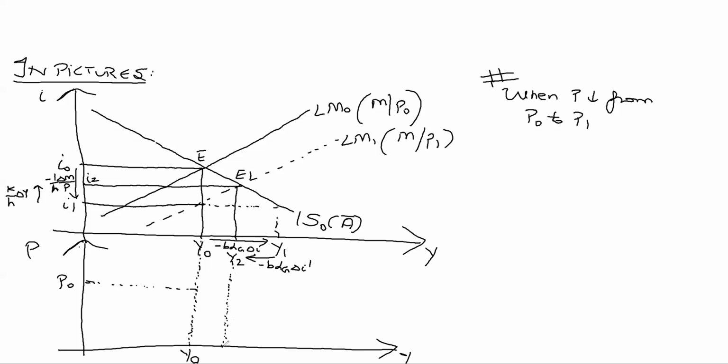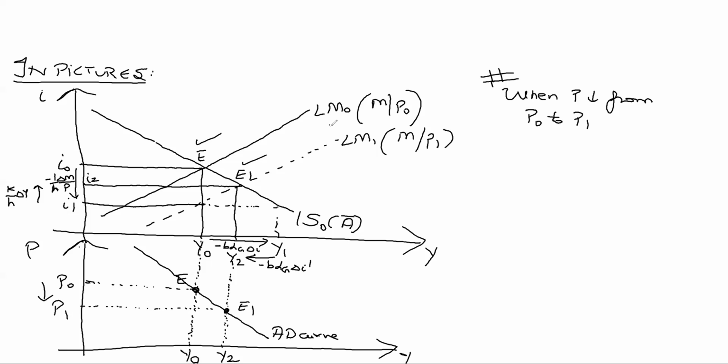Y2 is the new level of output when the price has fallen from P0 to P1. So this point E is this point E here. This point E1 is this point E1 here. When I join points E and E1, what do I get?